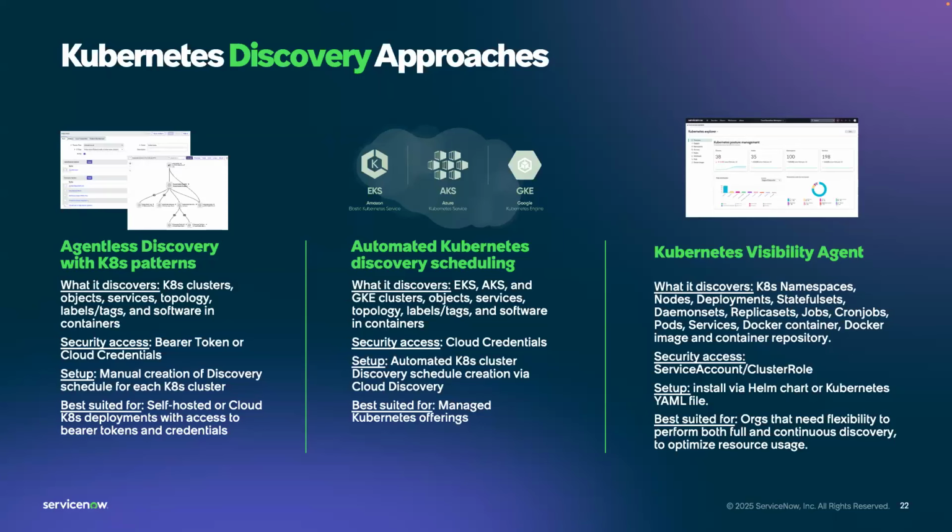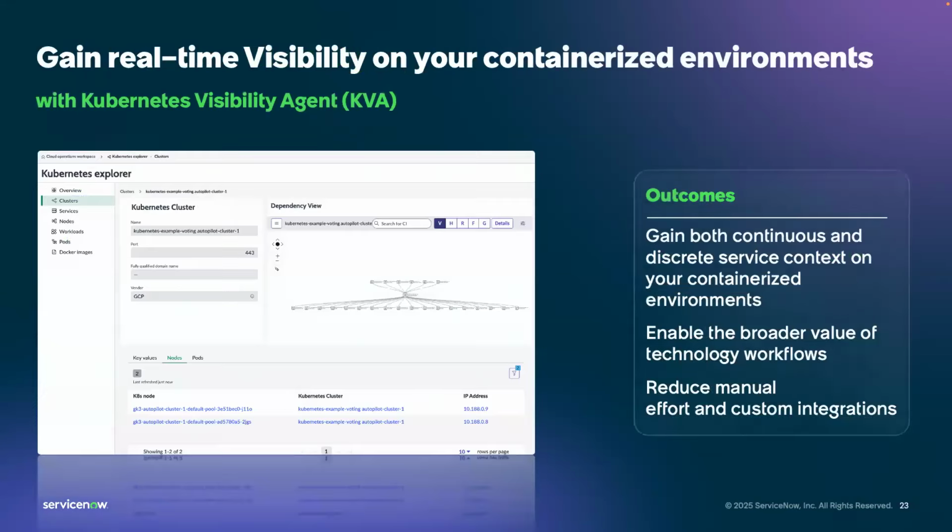And then we came out with Kubernetes Visibility Agent, which used to be called Cloud Native Operations, right? But the Kubernetes Visibility Agent is actually an installation that allows you to run basically a microservice to tap into the event pipeline in a Kubernetes cluster to capture those details and then send those over in a push method to the instance, right? And it's easily installable inside of a Kubernetes cluster, either using a Helm chart or a Kubernetes YAML file. And really, this is probably the best method for capturing Kubernetes data.